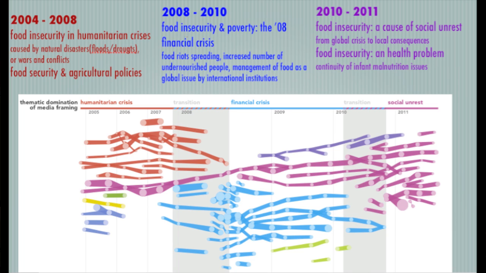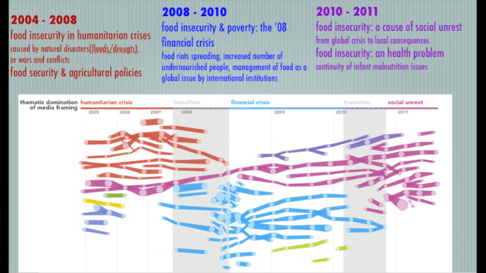At this period, it frames food security in relation with humanitarian crisis, natural disasters, wars, conflicts, and the framing also involves the question of agricultural policies, like for instance the competition between biofuels and staple food production.